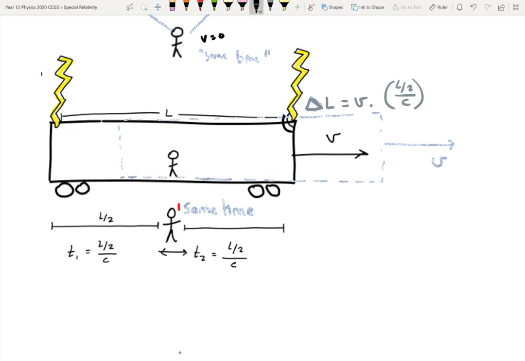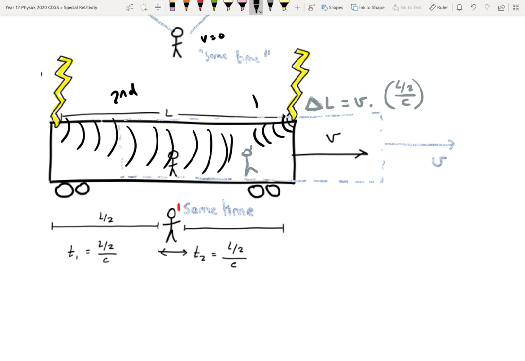So he would say, I saw the front flash first, and then a certain period of time later, even though he observes the light approaching him at the speed of light, because light has a finite velocity, you've advanced towards the first source in a given time, and so obviously you're going to meet the forward light first. You're going to then take a little bit longer. So this is a consequence of the invariance of light. Since light travels at a finite speed, 2 observers will not be able to agree on the order of events of when they occurred. Okay?